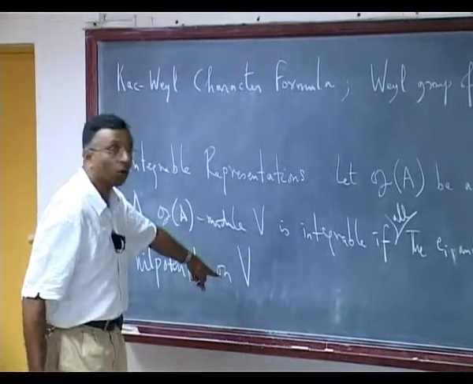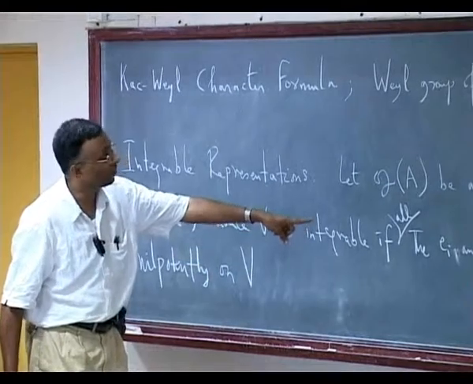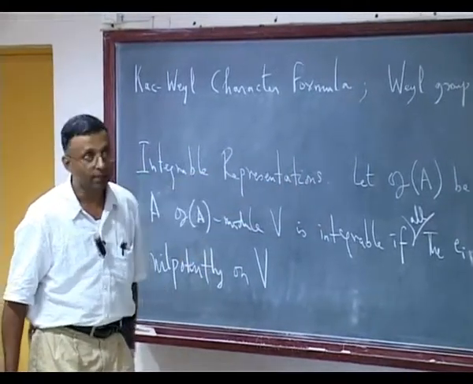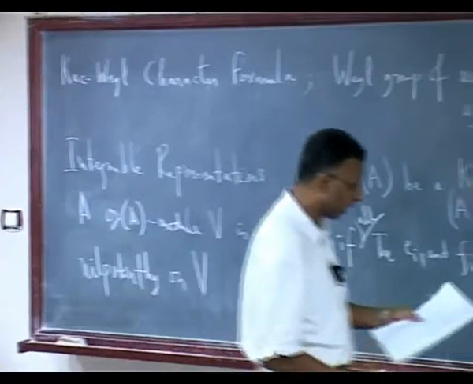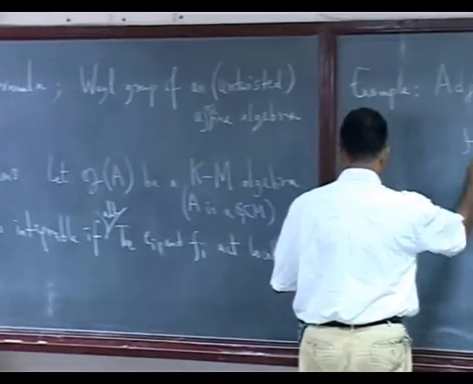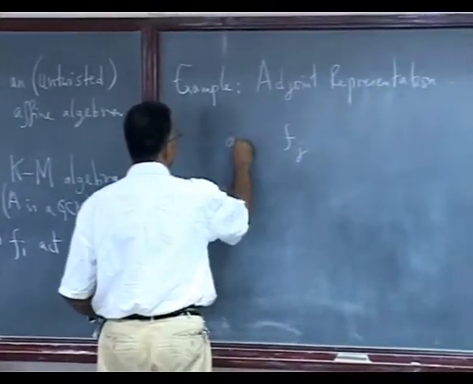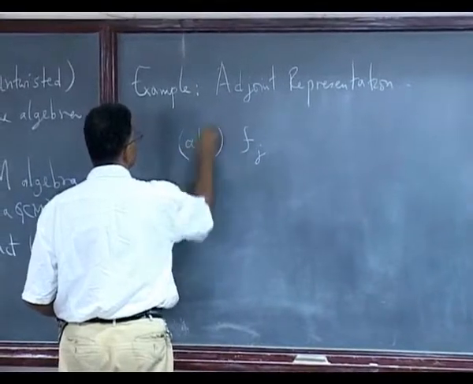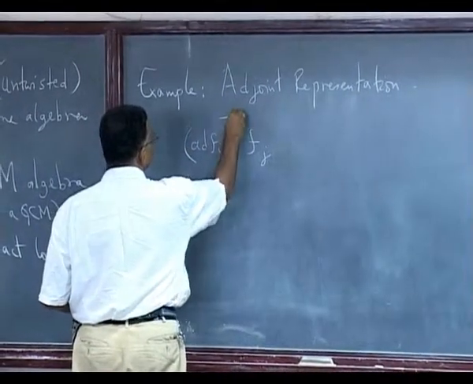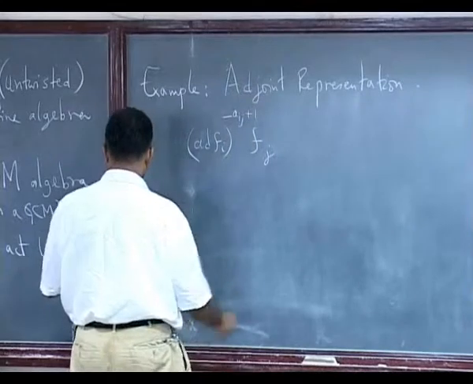If it is going to act locally nilpotently, there must be some power of F_j which kills this, and I am going to claim that (ad F_j) to the power minus a_ij plus 1 applied to F_i equals 0.